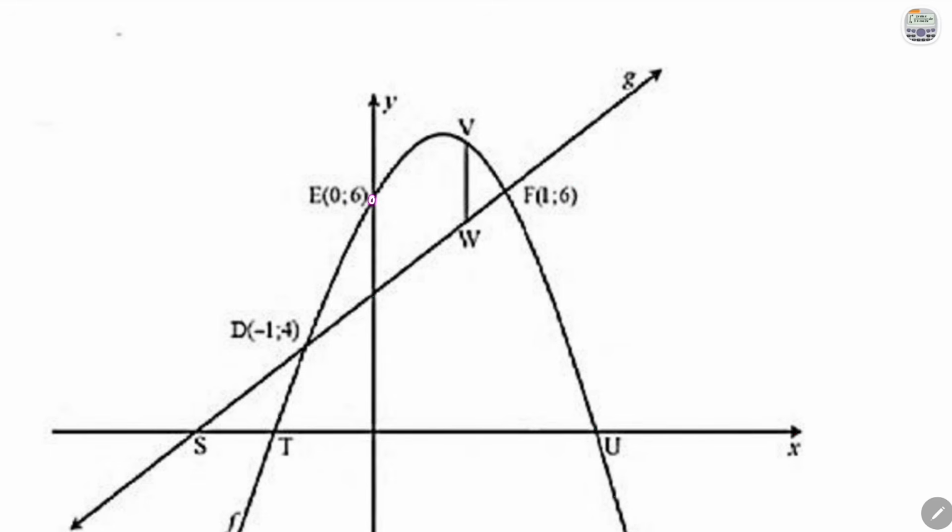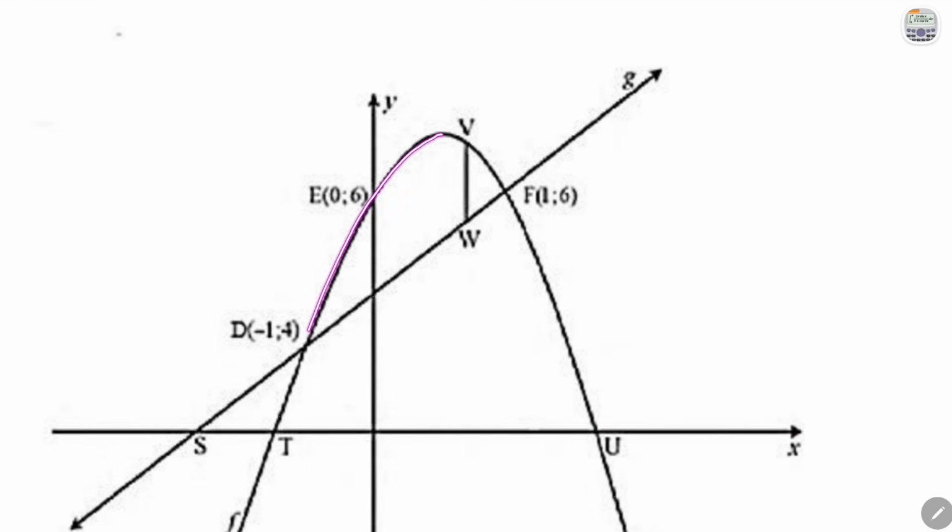That means if you drew a line using E and F, it would be a horizontal line. With 2 points of the graph of f on this horizontal line, if you found the middle, you would see that that is the x value of your turning point, because of the symmetry of a parabola.